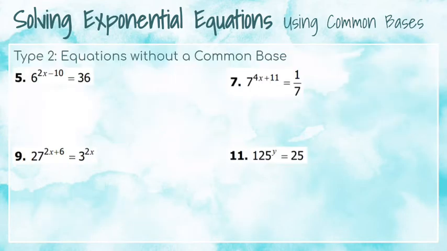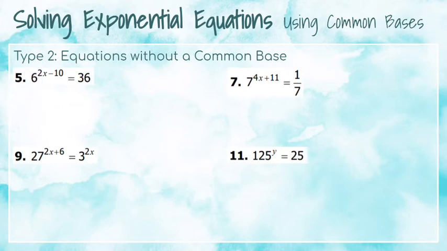Now, what about when we have equations that do not have a common base? That is our next question. If we go back to what our instructions said, it said to simplify and then rewrite the equations so that both sides have the same base. Well, if we look here, we have a base of 6.